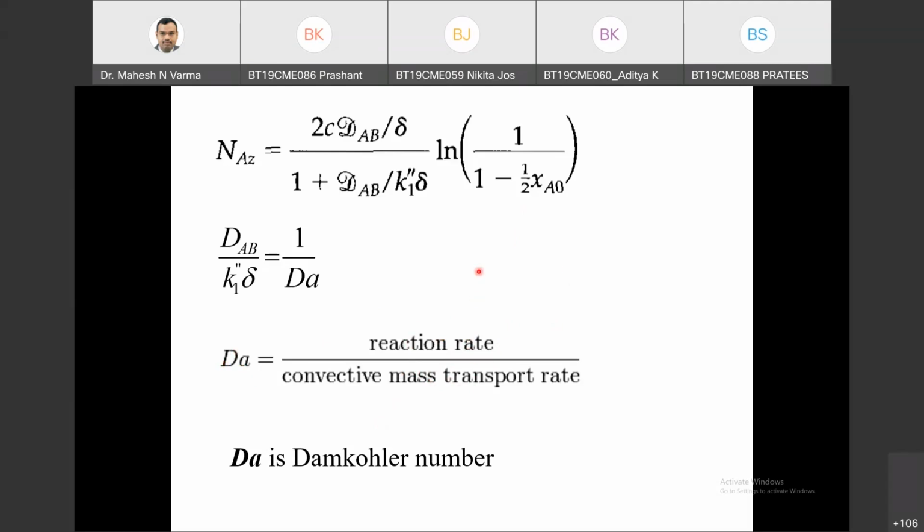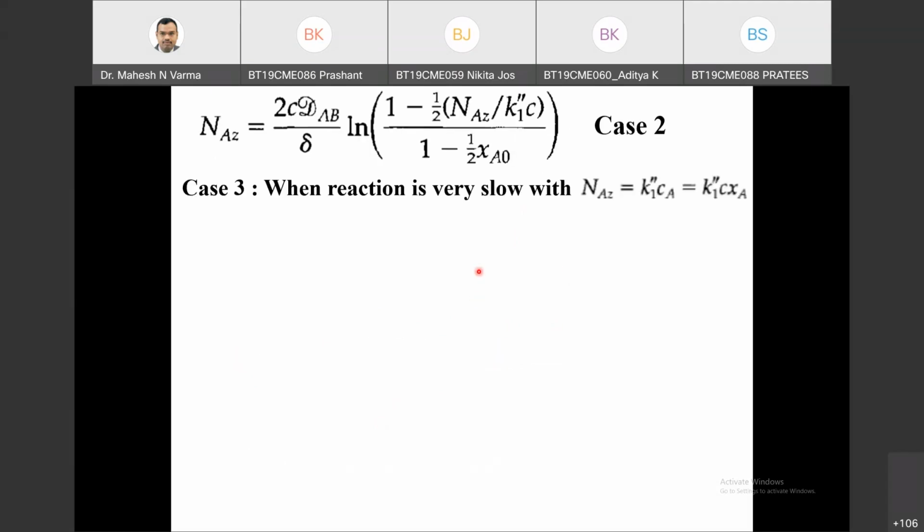Now, what will happen when the reaction is very, very slow? What will be the flux? Mass transfer is very, very large. Roll number 61, Rutvik.